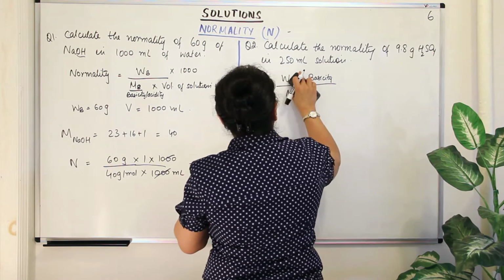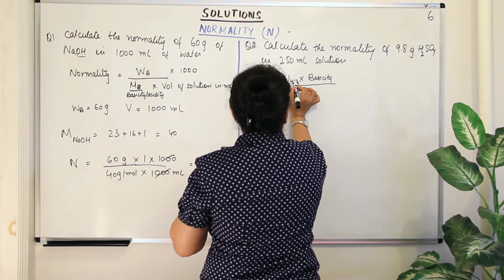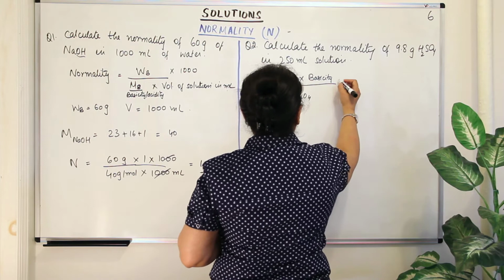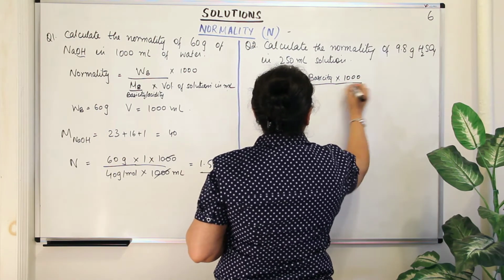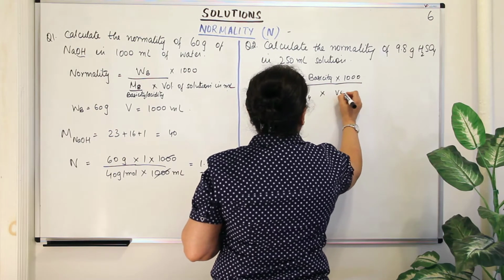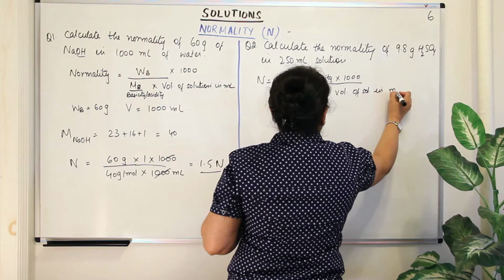So W, the weight of H2SO4 we could have written, which is the solute here, and into 1000, because the volume has been given in milliliters, into the volume of solution in ml, right?